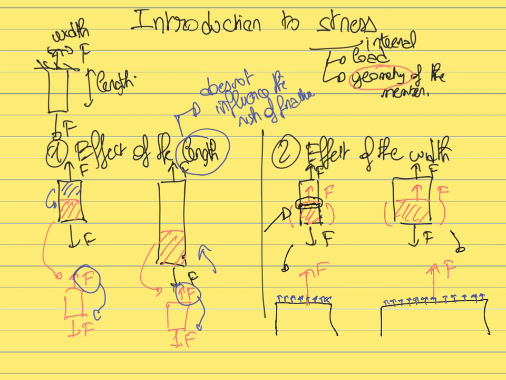At every point of this interface, the top is attached to the bottom, so there has to be a small force that prevents those two beams from being disconnected from each other.